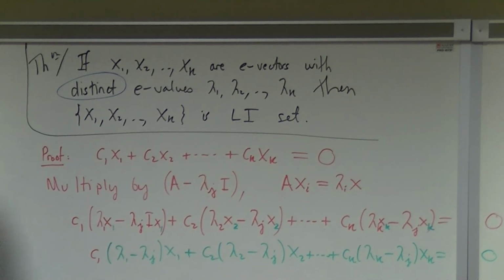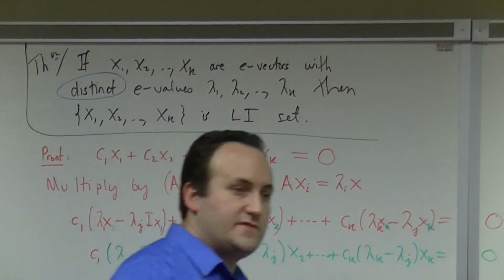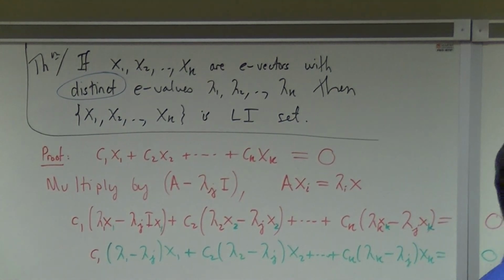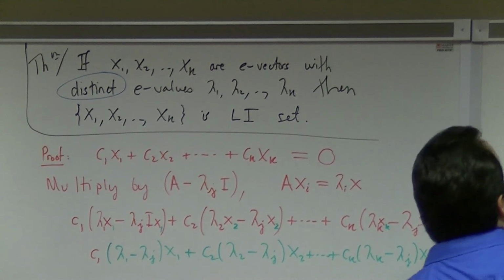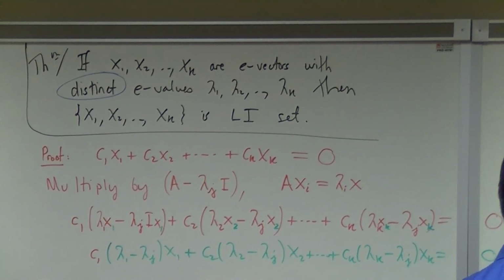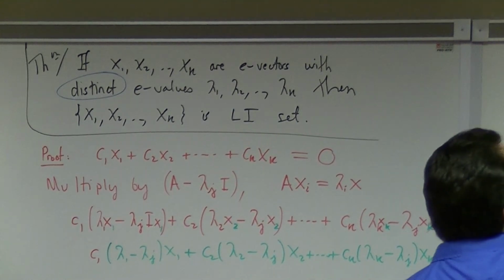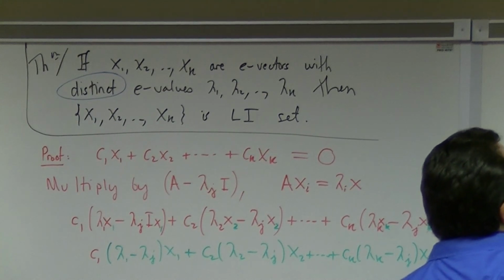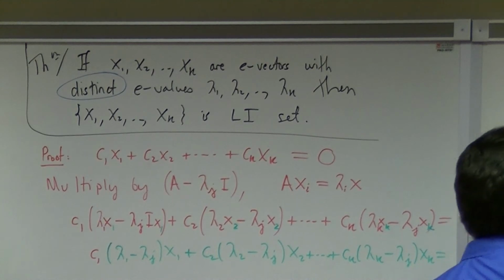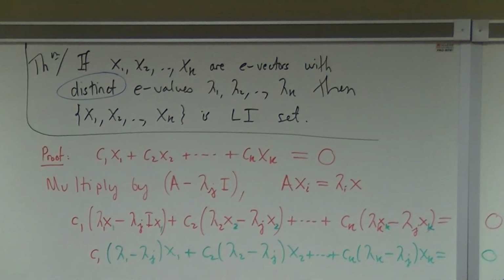That's not what it's saying. If we look at the case k equals 2, it works. If we look at k equals 2, we're done already. Because there you basically have C1 x1 plus C2 x2 equal to 0. For example, we could do A minus lambda 1 I times C1 x1 plus C2 times A minus lambda 1 I x2 equal to 0, right?